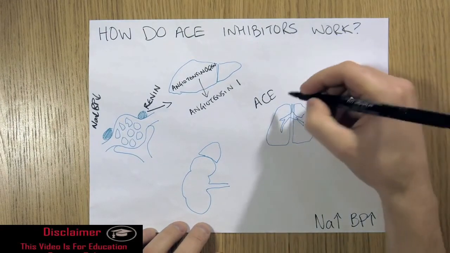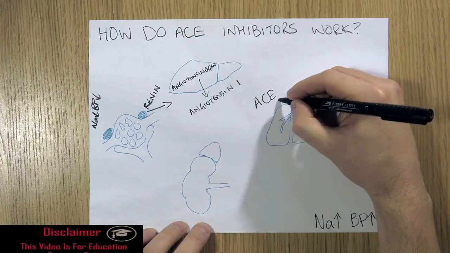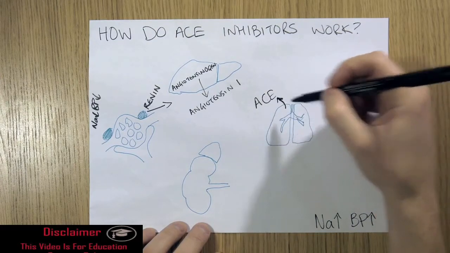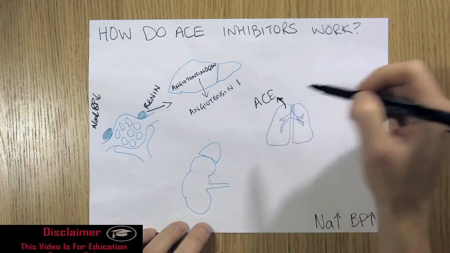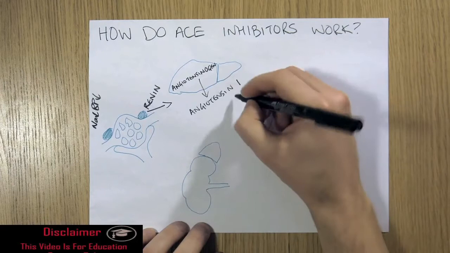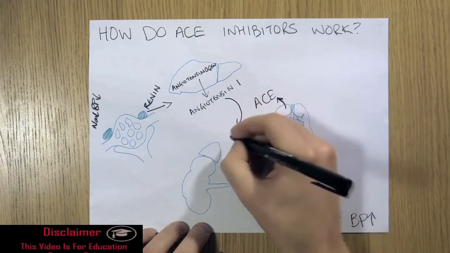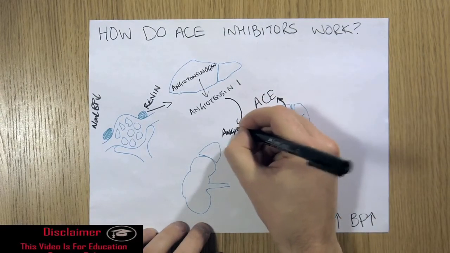It comes from the lungs, it sits in the lungs, and as this angiotensin passes through the blood vessels in the lungs, the angiotensin converting enzyme turns it from angiotensin I to angiotensin II.